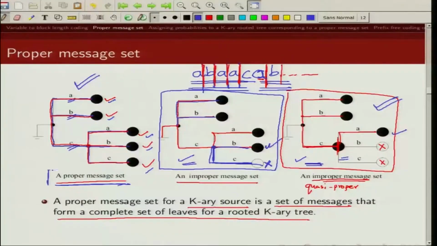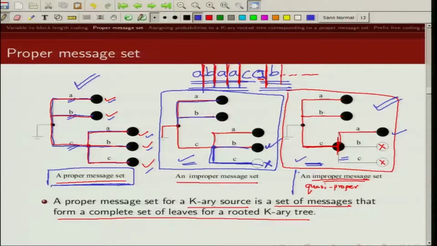Both can parse the input sequence. In one case, when the bits come, I instantaneously know where the message boundary is. In the second case, I will have to look into further bits in the future before I decide where the message boundaries are. Okay, so I have given examples of various ways in which you can parse the input message sequence. Clearly, if I use a proper message set, I can parse all input sequences and I can instantaneously parse the bits.